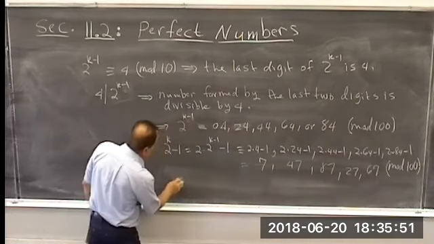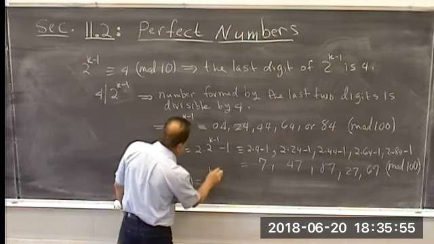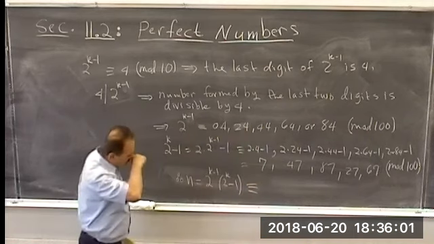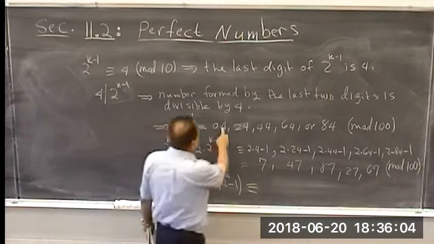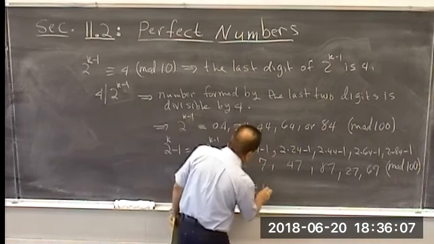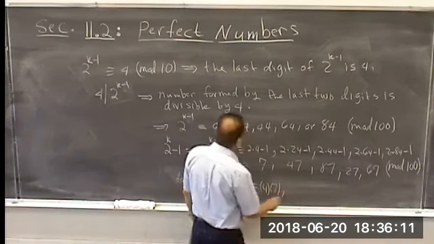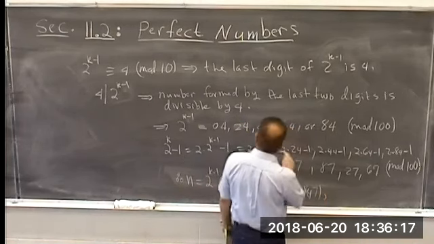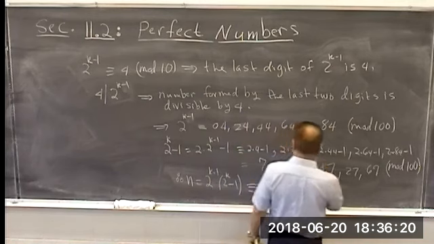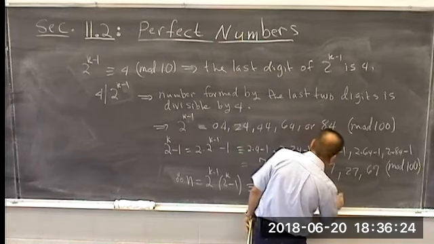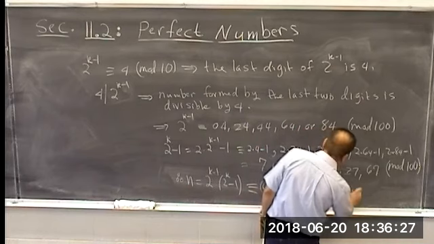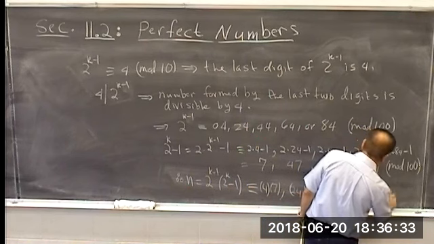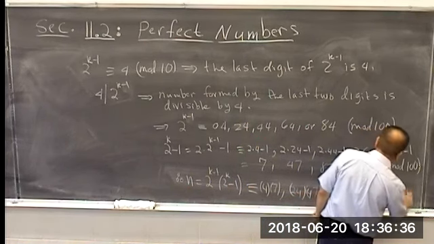Now, therefore, we take n, and we need to multiply these together: 4 and 7, then multiply 24 and 47, 44 and 87, 64 and 27, and finally 84 with 67.